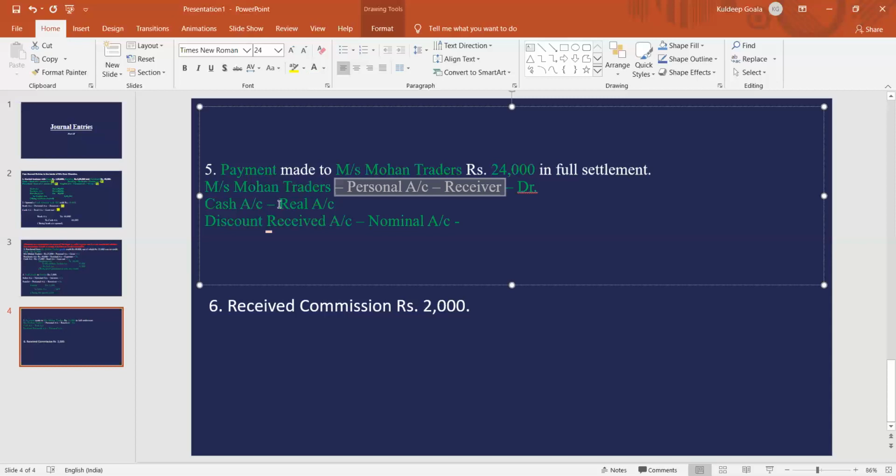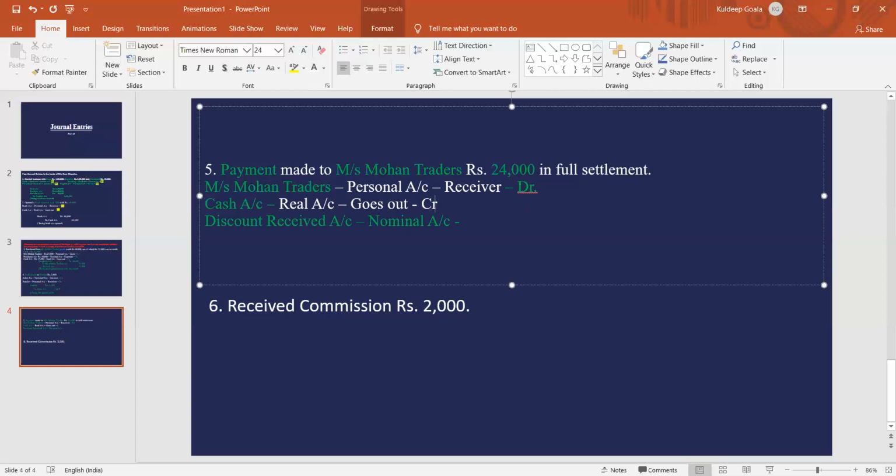Okay. Likewise, cash is also relating to a real account. And what is the rule for real account? Real account rule says that debit what comes in, credit what goes out. So if I make payment, it will be going out, because money is going out, right?